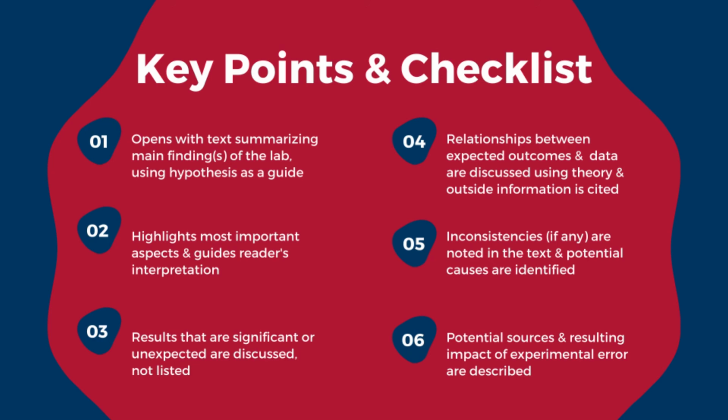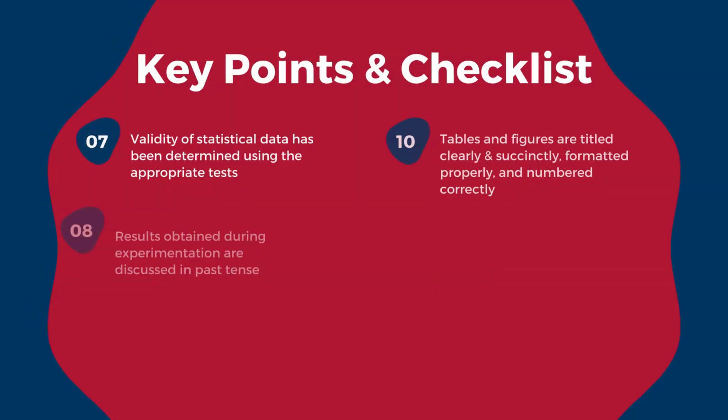Citations should be included and properly formatted according to the guidelines set forth by the professor or professional publication. If inconsistencies in the data arise, those inconsistencies should be noted in the text, and, if possible, potential causes of error should be identified. Other potential sources of experimental error should also be described, and the hypothetical impact of those errors on the data collected should be discussed.